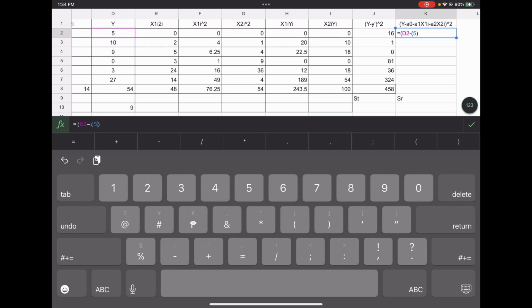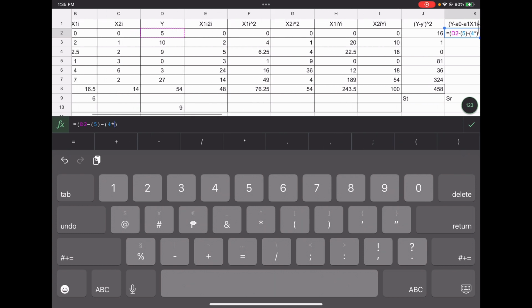So 5 minus 5, it's just a sub 0 minus 5, and then minus the product of 4 times x sub 1. X sub 1 is that one.